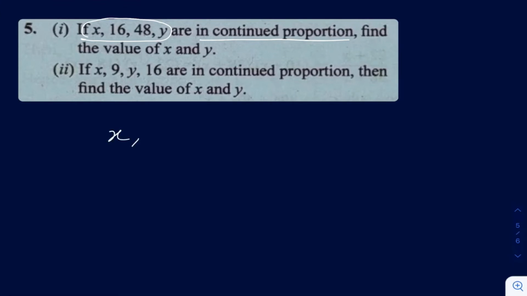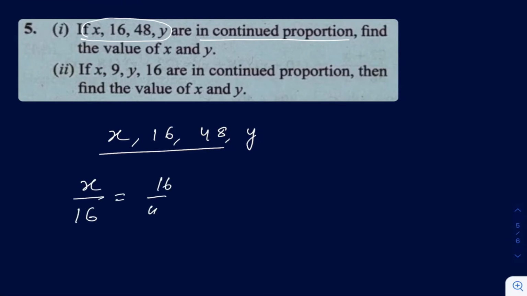x, 16, 48 and y, they are in continuous proportion. So you will take three numbers only, the first three numbers. So apply the rule here. x upon 16 equals 16 upon 48. Then you can apply the same result on the last three numbers. 16 upon 48 equals 48 upon y.